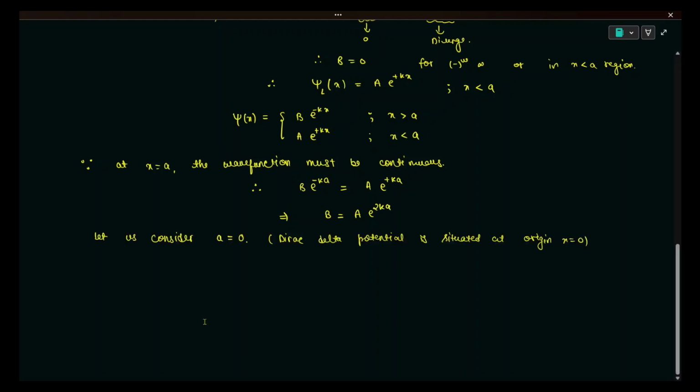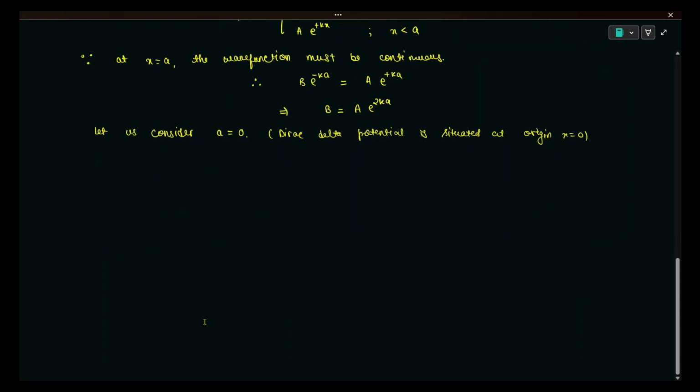So let us consider this Dirac delta potential is situated at x equal to 0. So in that case, this b should be equal to a, and the wave function will become a e raised to power minus kx for x greater than 0 and a e raised to power plus kx for x less than 0.